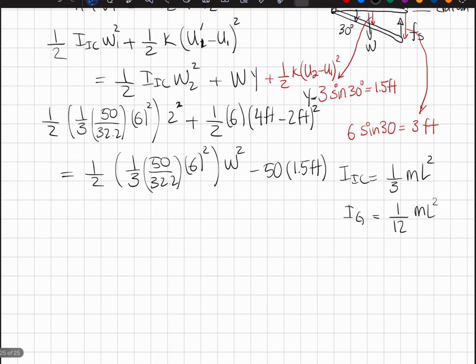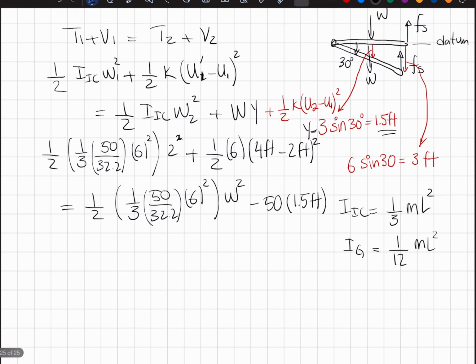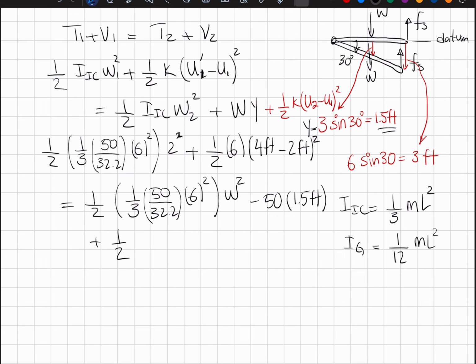That was the Y value that we computed. Whenever you are above the datum in your expressions, you'll have a positive energy. Whenever you're below the datum, you have a negative energy. That's why this is a negative value. And then we also have a plus 1/2, 6 being the stiffness.